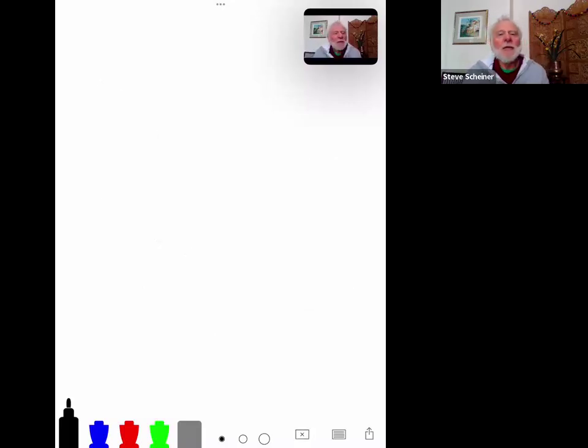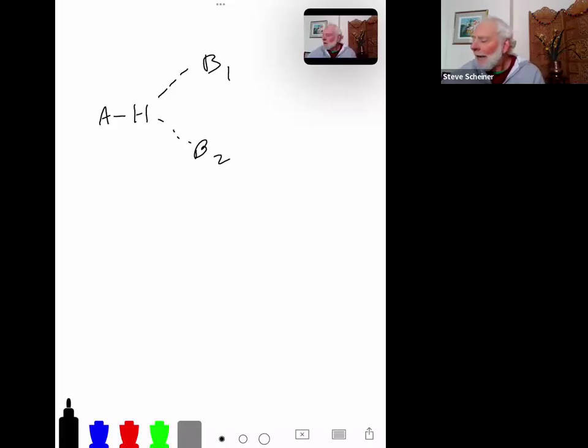Oh, one last thing I didn't talk about, which I think Zygmunt had mentioned might be useful. So here's AX. Suppose this is nonlinear like this. If that's the case, another base could sneak in there. In other words, both bases are using the same proton. And that is commonly called a bifurcated hydrogen bond. Is it better or worse?